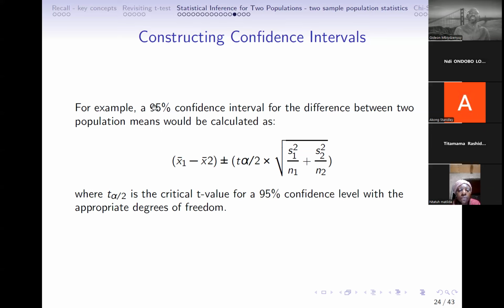95% of the times, that difference will fall within the interval. I don't expect you now to understand this, but I'll still say it. Confidence interval does not necessarily mean that the chance is 95%. The interpretation is that if we do it 1 time, 2 times, 3 times, taking a sample 1 and sample 2 from these populations and calculating the mean, and we do that 100 times, in 95% of the 100 times, that difference will fall within this range.